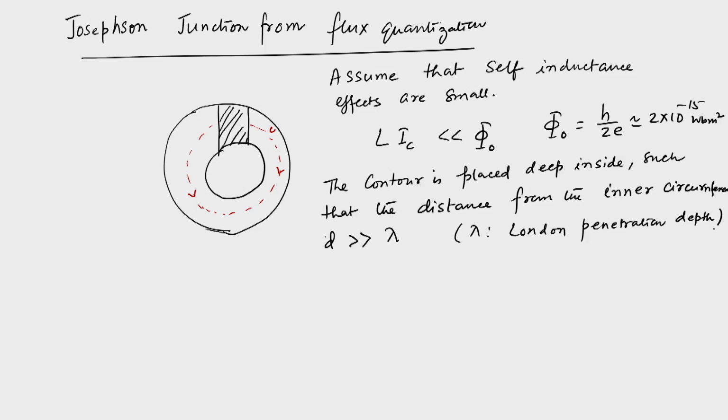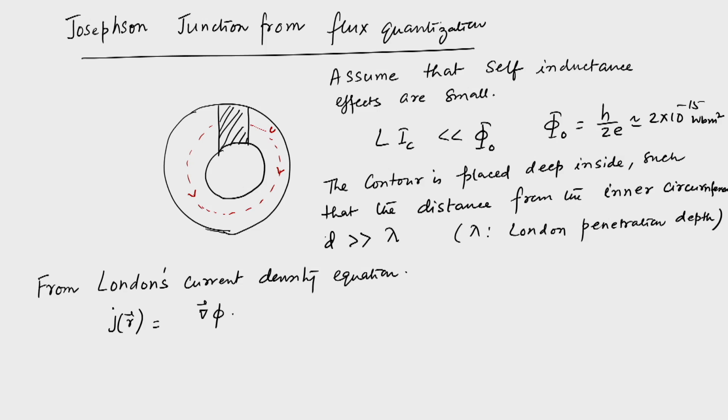Now, if all these things are correct, then the magnetic field is of course 0 in the specimen, and we can write down from London's current equation, J(r) equals the gradient of phi, where phi is of course the phase, minus 2e by h cross A(r).